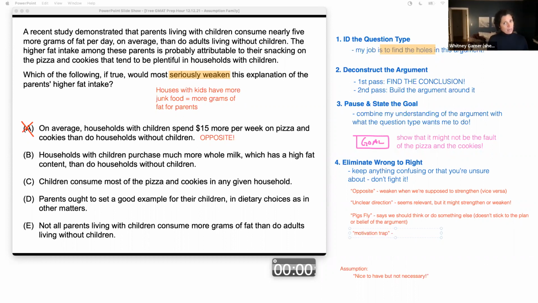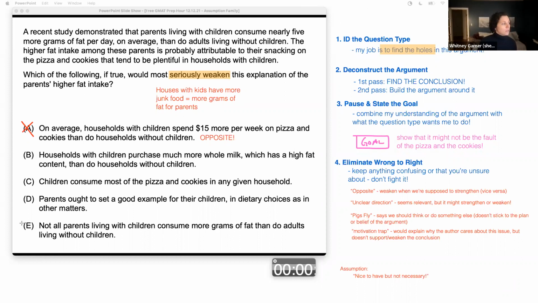This is something that would explain why the author cares about this issue at all, but doesn't support or weaken the conclusion itself. So why does our author care? Why is our author talking? Well, maybe because parents ought to set a good example, but that doesn't tell me whether pizza and cookies are where these extra 5 grams of fat are coming from or if they're not. And so that's a motivation trap.